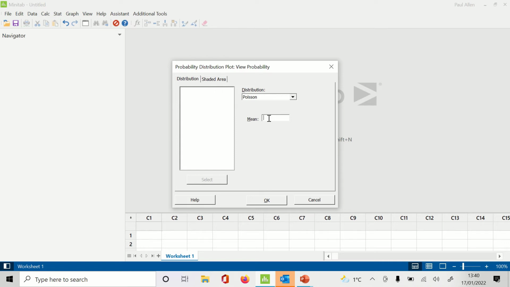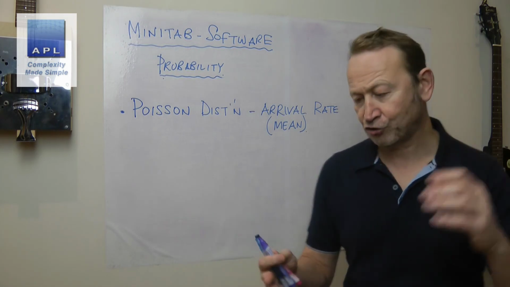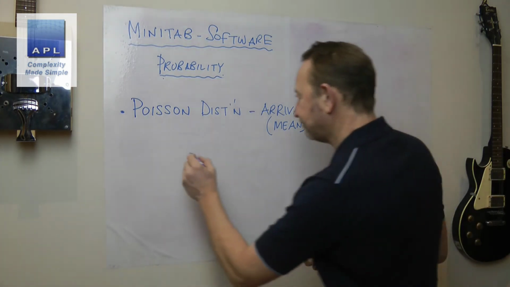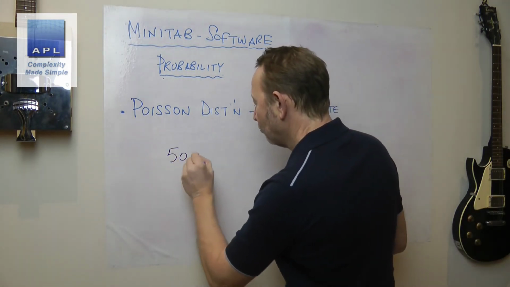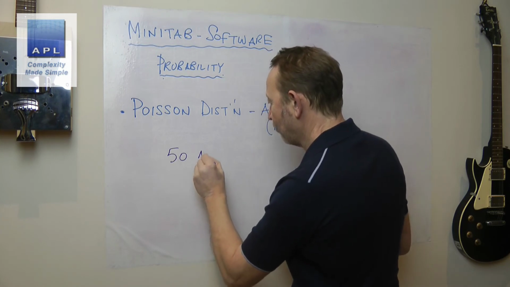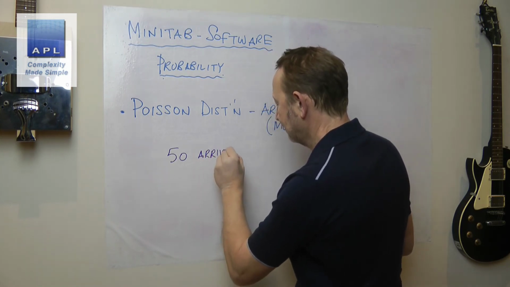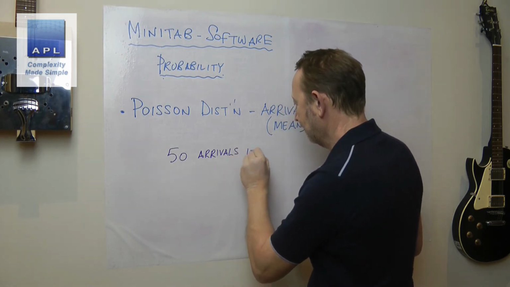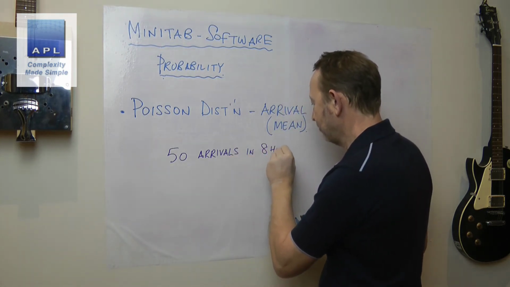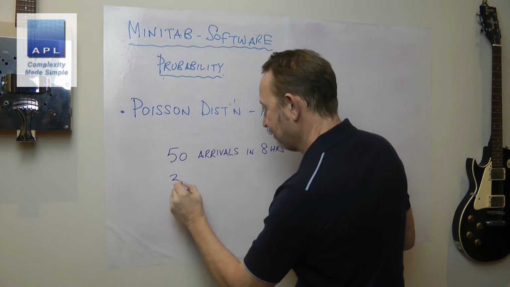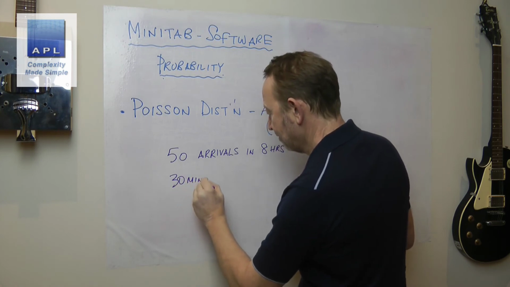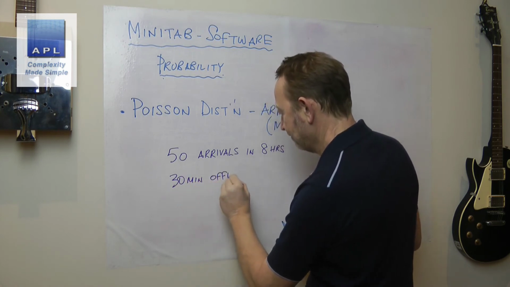Let's do that first. Okay, let's just remind ourselves of the problem. We've got 50 arrivals in 8 hours, and we have a 30-minute offload time.